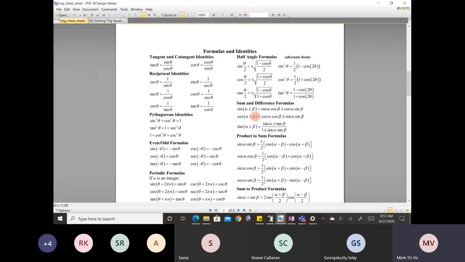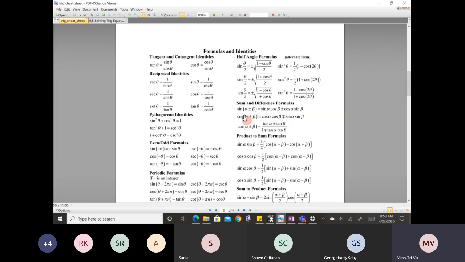If you're using the sine sum formula, alpha plus beta, then this needs to be a plus here. If using the sign on the top here, you need to use the sign on top here. If you want the cosine sum formula, cosine of alpha plus beta, the sum is on top, so the sign on top here is the minus.